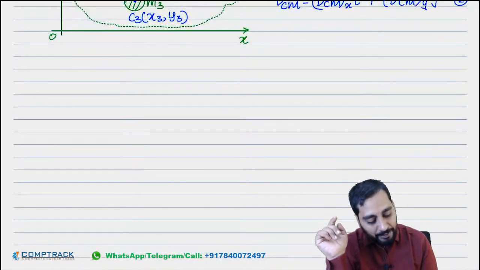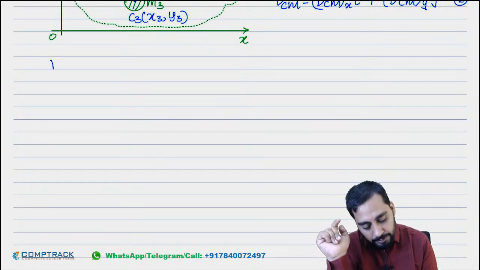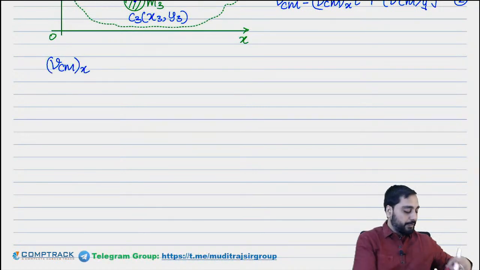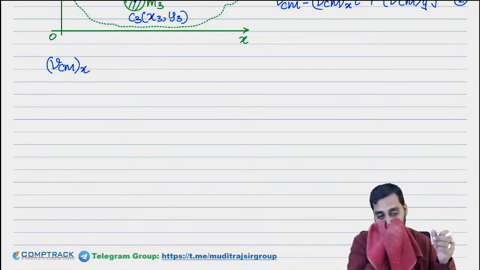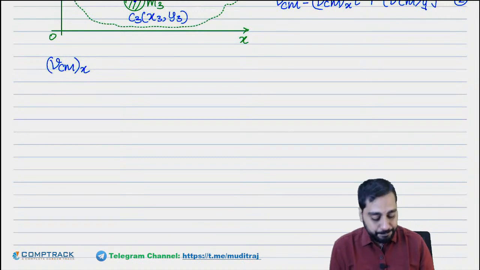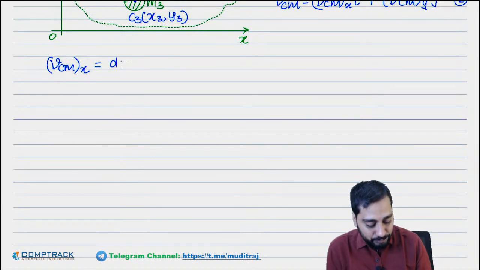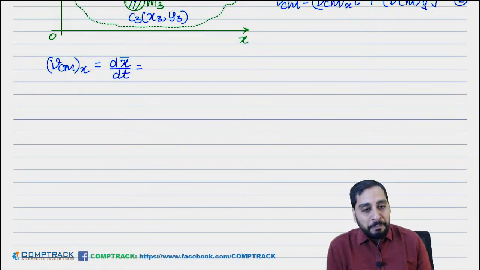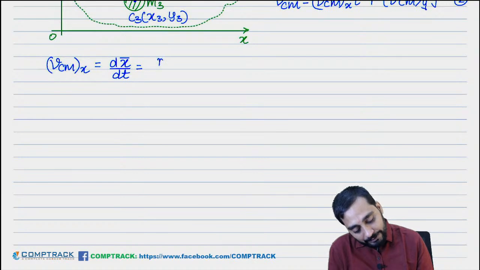Now, how will we find the x component of the velocity of the center of mass? It will be given by dx bar by dt. x bar is m1 x1 and so on. Here the total differentiation will be like this, because mass is constant.